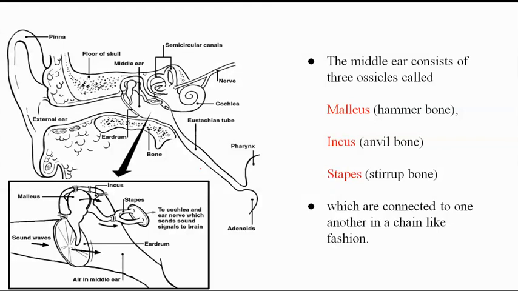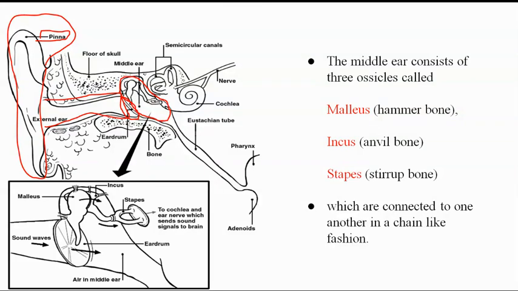So here you can see the presence of the middle ear. This is the ear pinna, which is a part of the external ear. From here to here, you can see this as the ear pinna, and from here to here, it is the auditory meatus. Here you can notice the presence of a thin membrane, which is the eardrum.